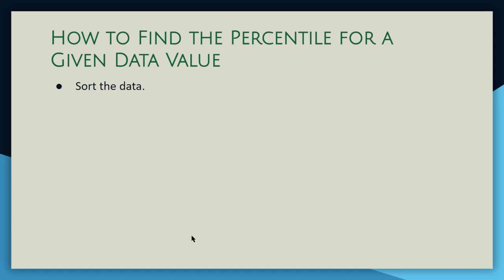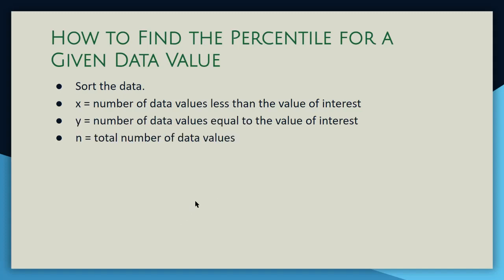So to do this, we're going to sort our data, just like quartiles, and then we need to define 3 variables. So we're going to let x be the number of data values less than the value of interest, less than that given data value. Y equals the number of data values in the data set that are equal to that data value.